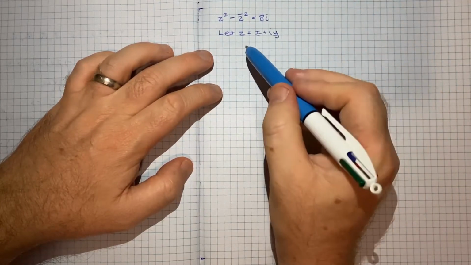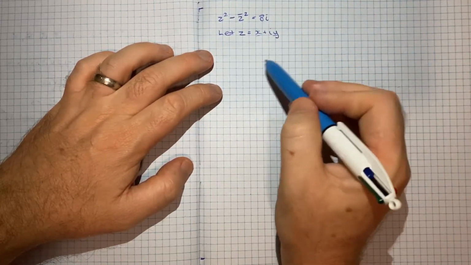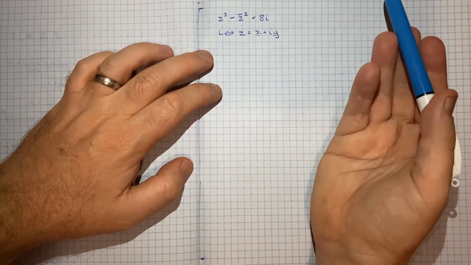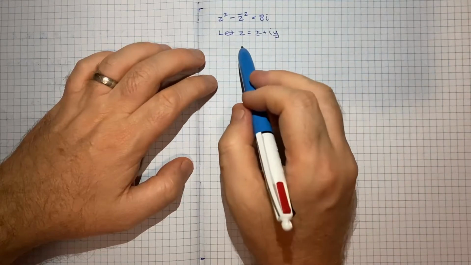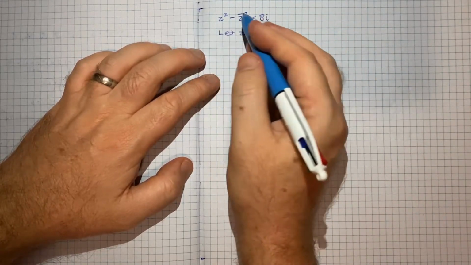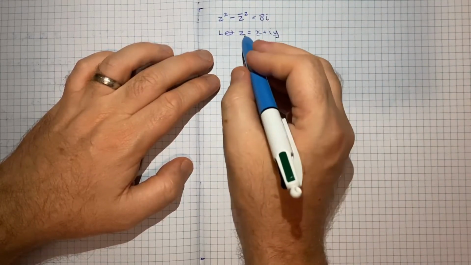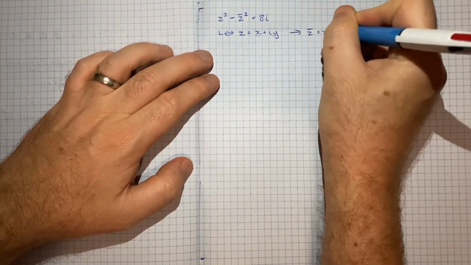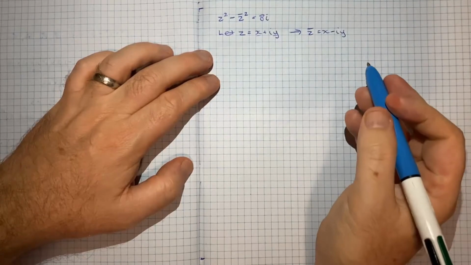So if we can get a Cartesian equation that involves x and y, then we've got our solution for the locus. So if we think about what z squared and z bar squared would be, if z is x plus iy, then z bar would be x minus iy by definition.